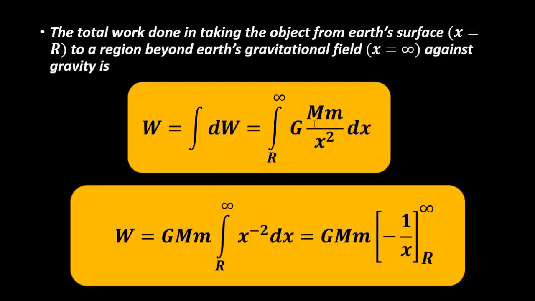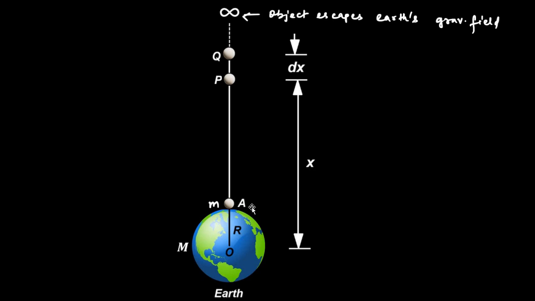That will be equal to the integration from lower limit R, that is the surface of the Earth, where x is equal to R, the distance from the center, to x equal to infinity. x is the separation distance of the object from the center.